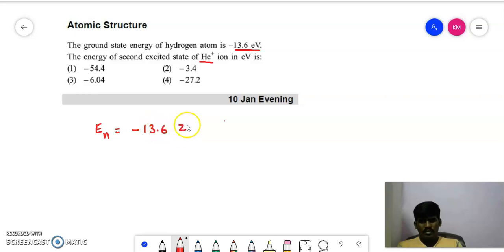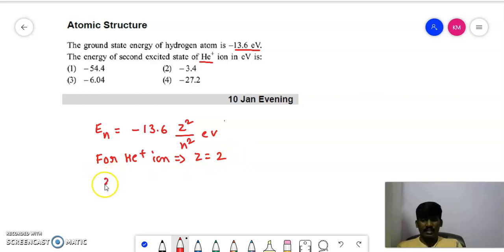For the He plus ion, that is helium ion, the Z value will be equal to 2. For the second excited state they have given, whenever they mention second excited state, the n value can be taken as 3.